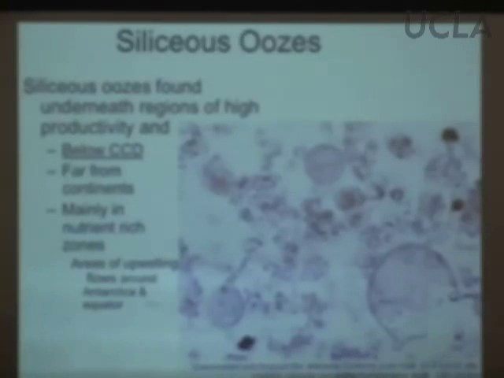Okay, so that's the story for calcium carbonate oozes. They tend to accumulate in relatively shallow waters, areas with high biological productivity, particularly in the Atlantic Ocean, where there isn't that much CO2 dissolved. Siliceous oozes are a little bit more complicated story because they are actually dissolving everywhere in the ocean. So really the only places in the ocean they accumulate are places where there's relatively high productivity on the surface.